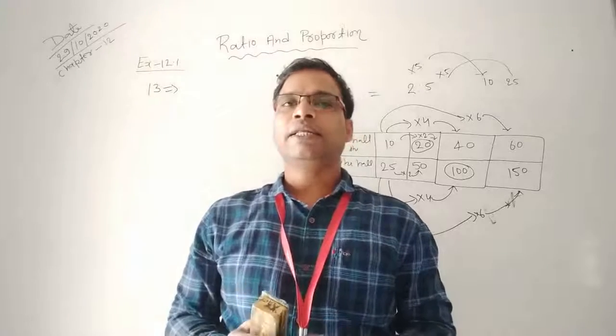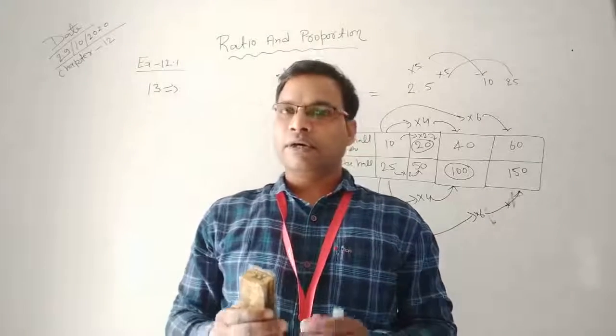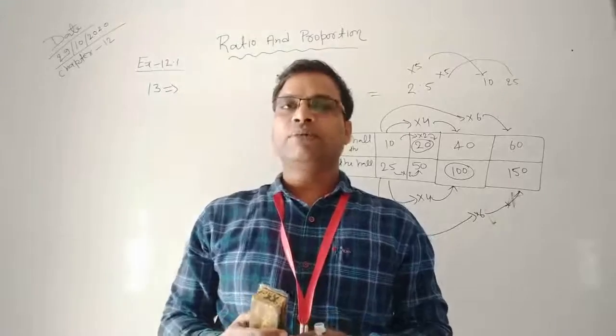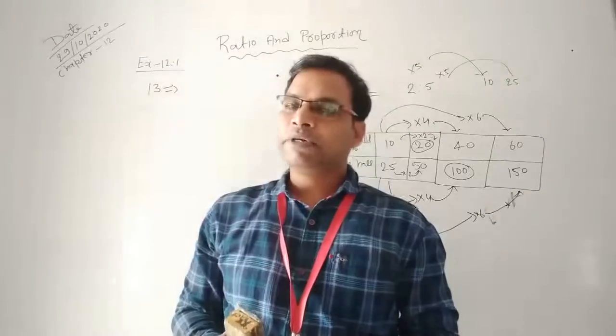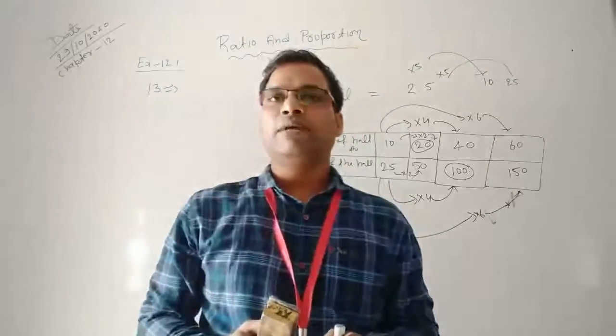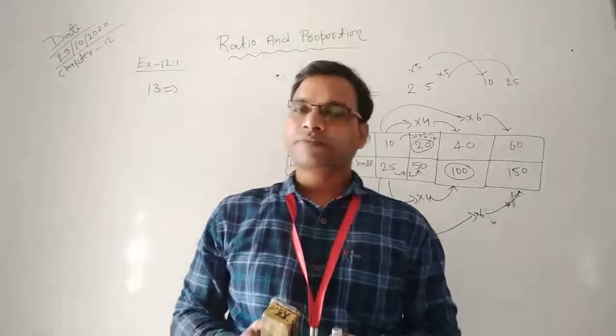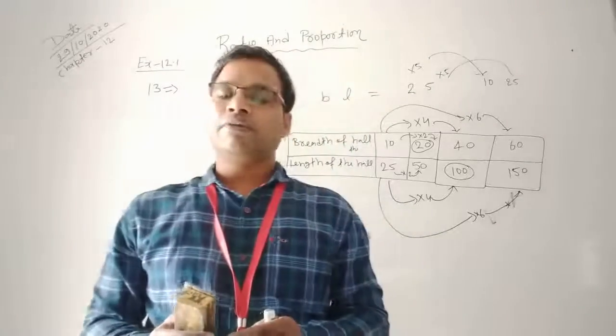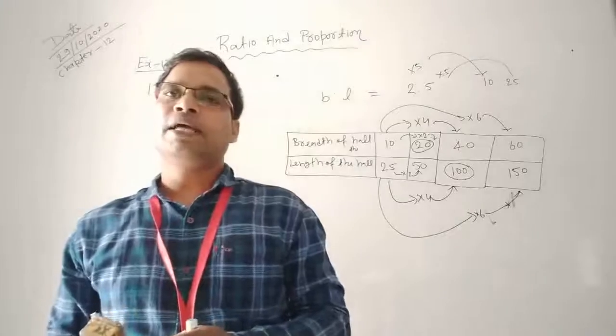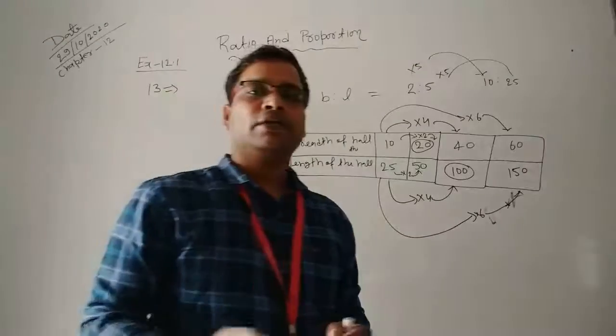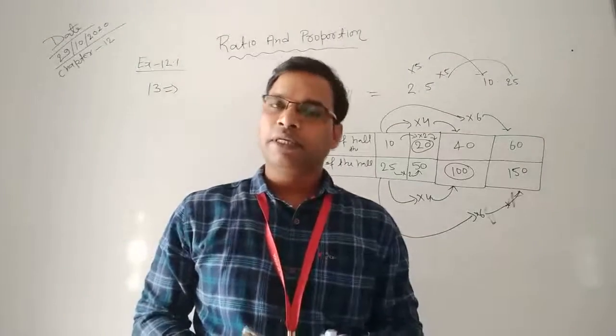Here the total amount is given, 30 rupees. We need to divide it between her daughters Shreya and Bhumika according to their ages. So first we find the ratio of the ages of Shreya and Bhumika. Let's see how to solve this question.